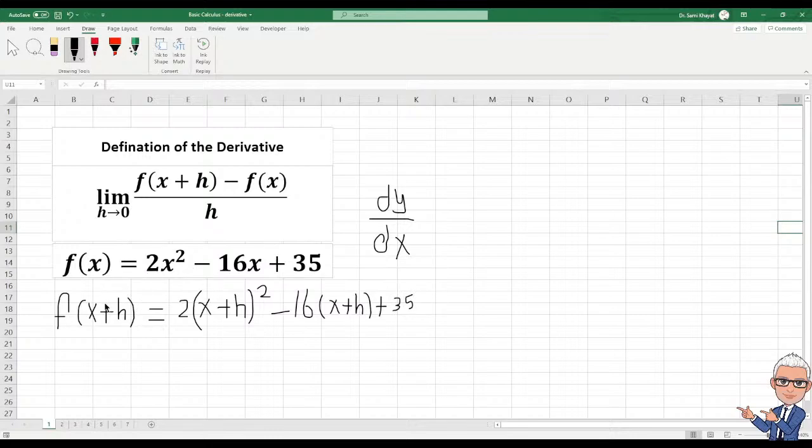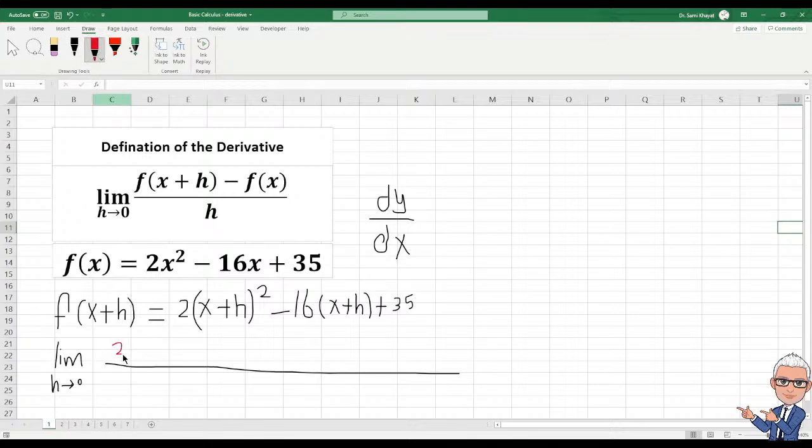Now I have f of x and I have f of x plus h. How is it substituted in this formula? It will be limit h approaching 0. This one I will put here. I will use red color.